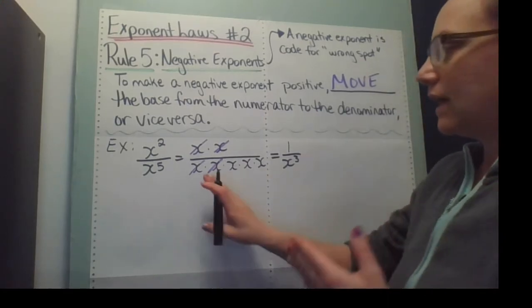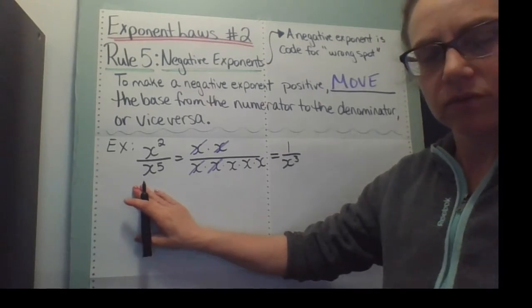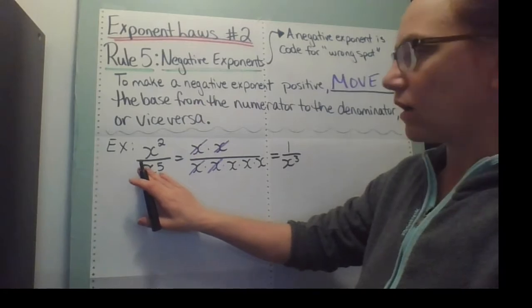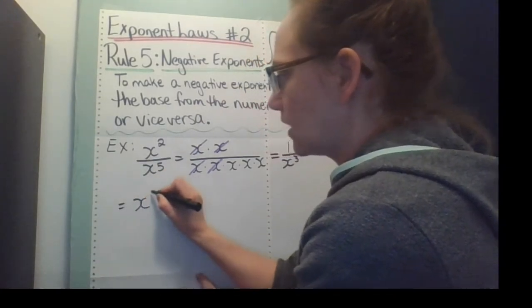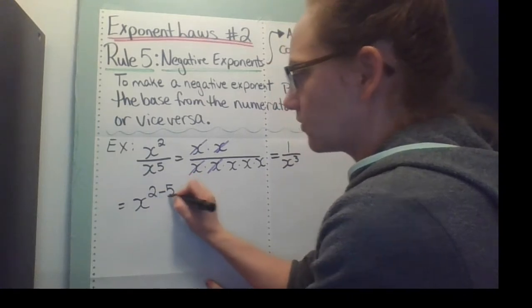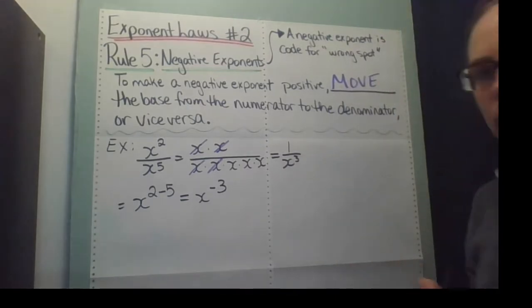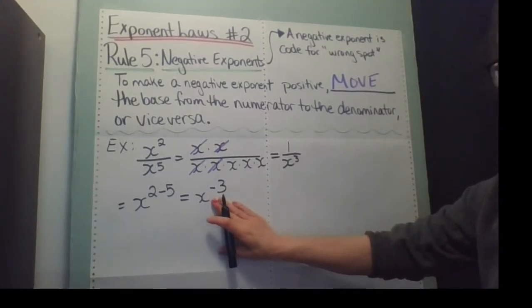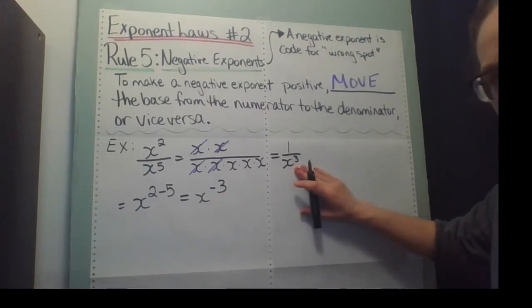Now if I hadn't expanded it, if I had followed my rules from yesterday, let's think about doing that. Our rules yesterday said that when we are dividing, we need to subtract our exponents. So I could have said 2 minus 5, which would have given me negative 3 as my exponent. So my negative 3 in the numerator is the same thing as a positive 3 in the denominator.